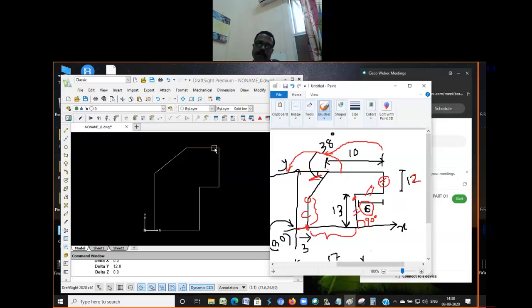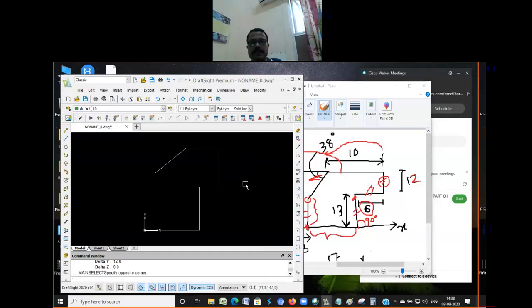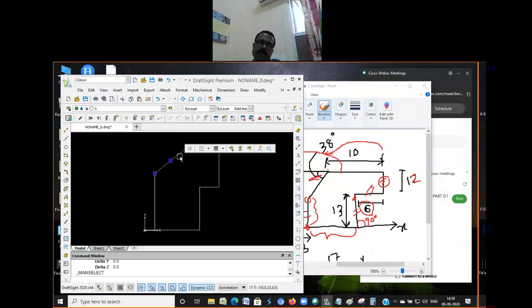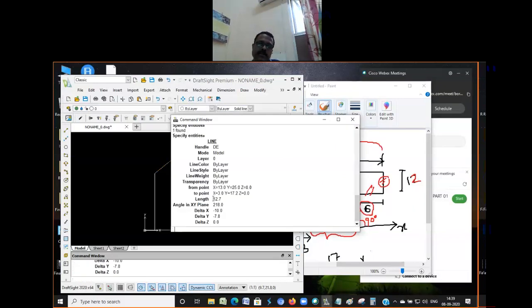Then this part, this should be 10. The angle is 0 or 180. Then this line. So we still don't know the length of this line segment. So the exact length is 12.7 millimeter. Okay.